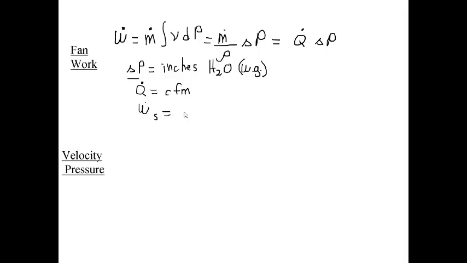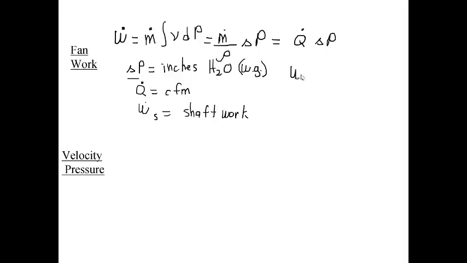Usually the flow rate is in CFM, the flow rate of air, and W sub S is what we're looking at in terms of shaft work. The shaft work is the work from the armature or the shaft of the fan, and that'll be in terms of horsepower.